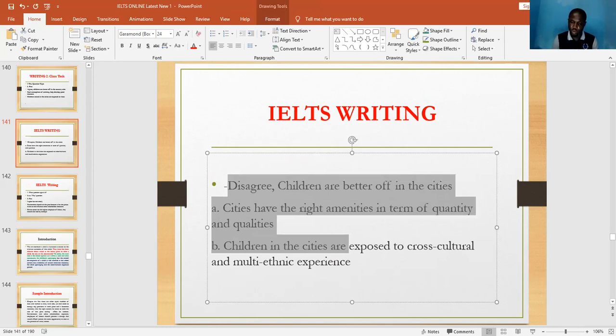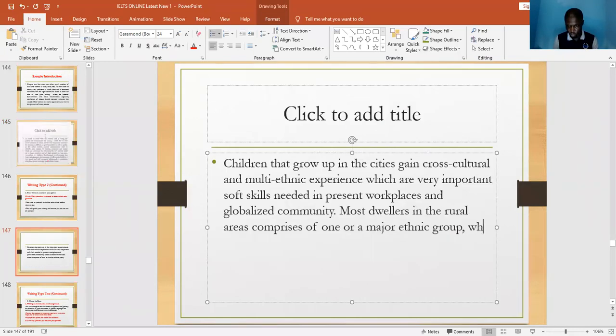I am deliberately changing the word cities because I have used cities a lot of times.